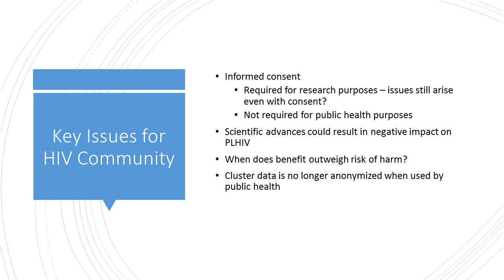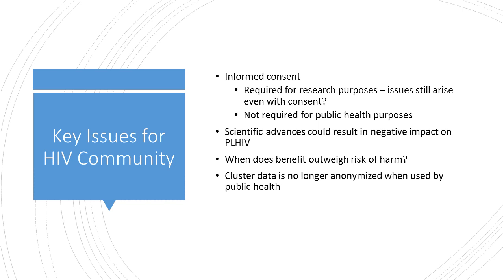Again, scientific advances, which they've been working with phylogenetics for years, could result in negative impact on positive communities. When you're doing something for the love of the science, we're not always thinking about what will happen on the ground and what that means, because we always hope science advances us, right? And that gets me to my point of when does the benefit outweigh the risk of harm?